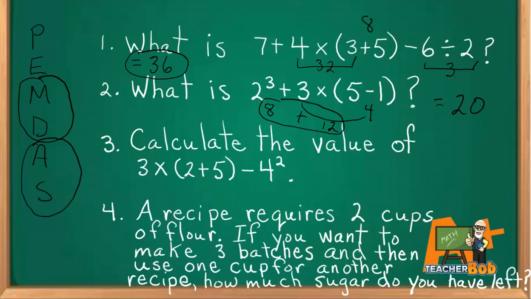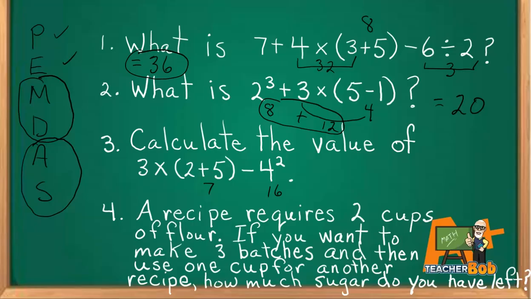Number 3. So we want to do parentheses first, and we have parentheses, so 2 plus 5 is 7. Done. Exponents, we have an exponent over here, 4 to the exponent 2, or power of 2, or squared. That means 4 times 4, so this becomes a 16. Exponents are done. Then we have multiplication and division.